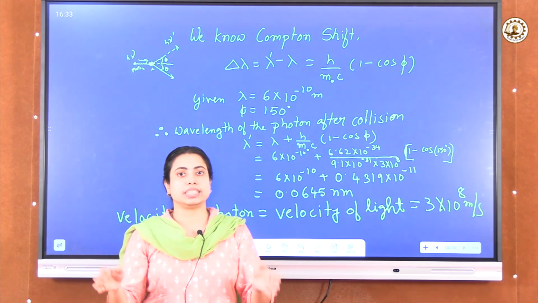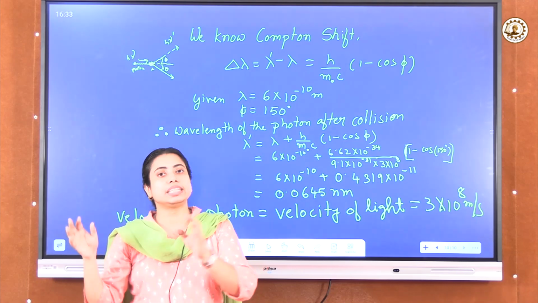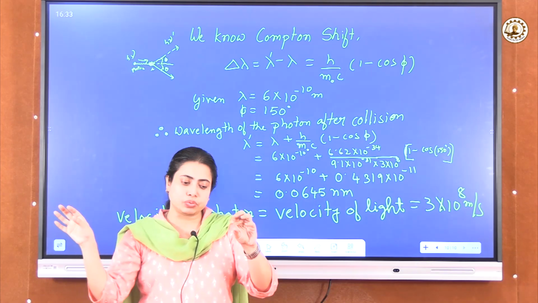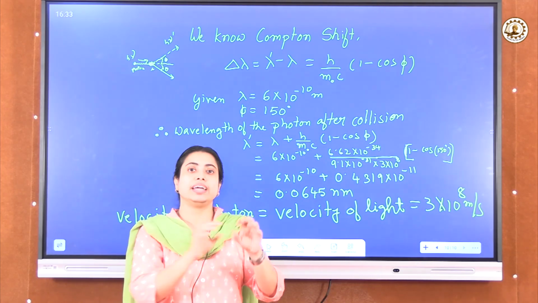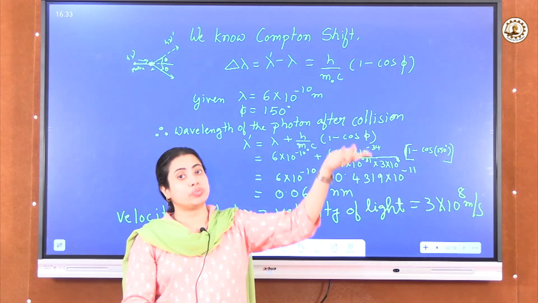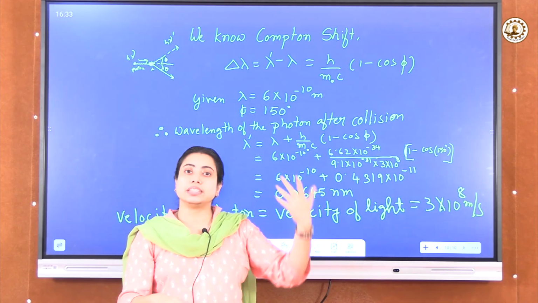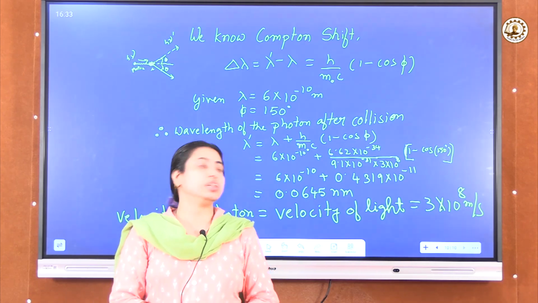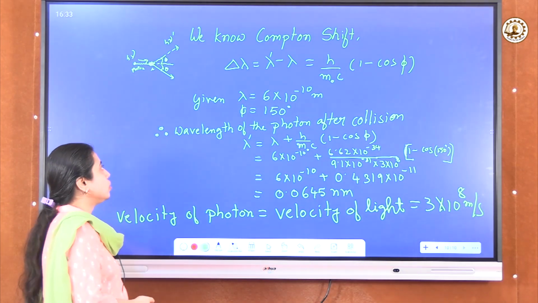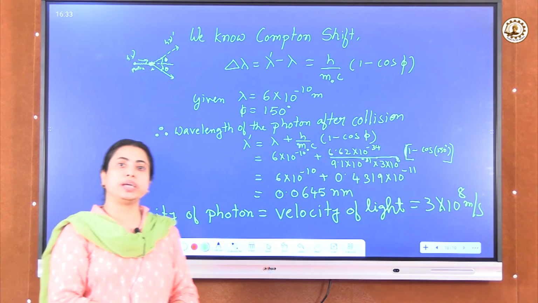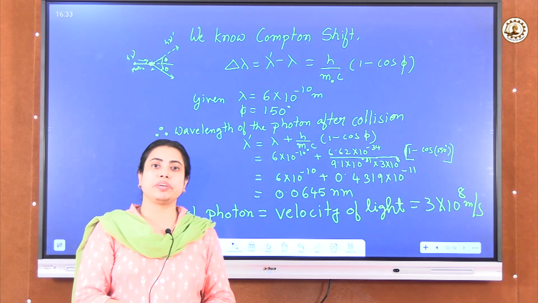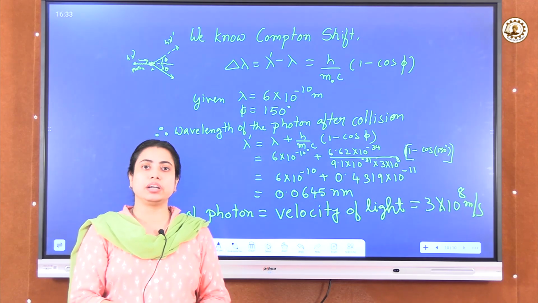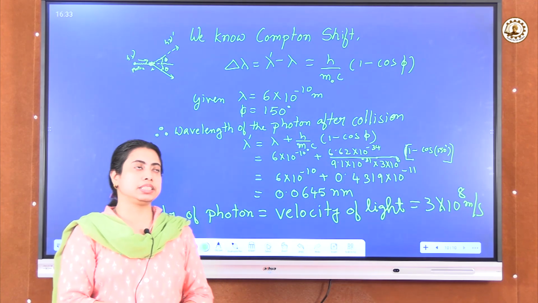In this process, the frequency with which the photon was traveling initially changes to a new frequency, and this phenomenon is known as Compton shift. Because frequency and wavelength are associated, the wavelength also changes.